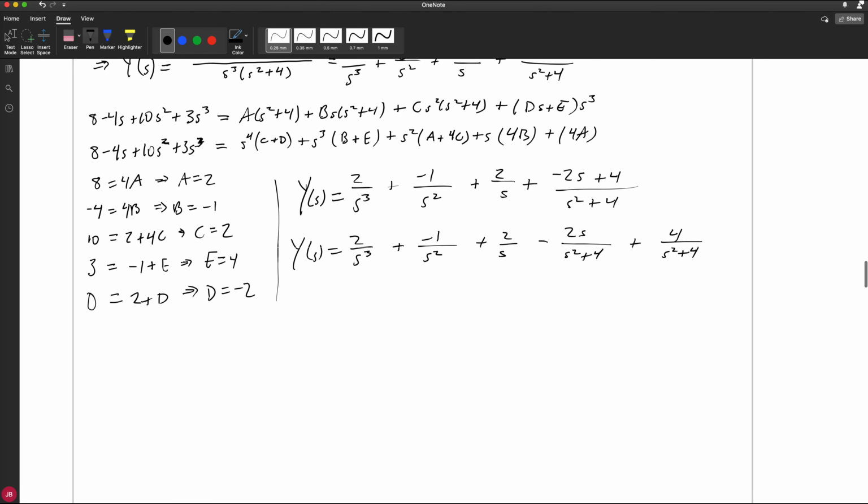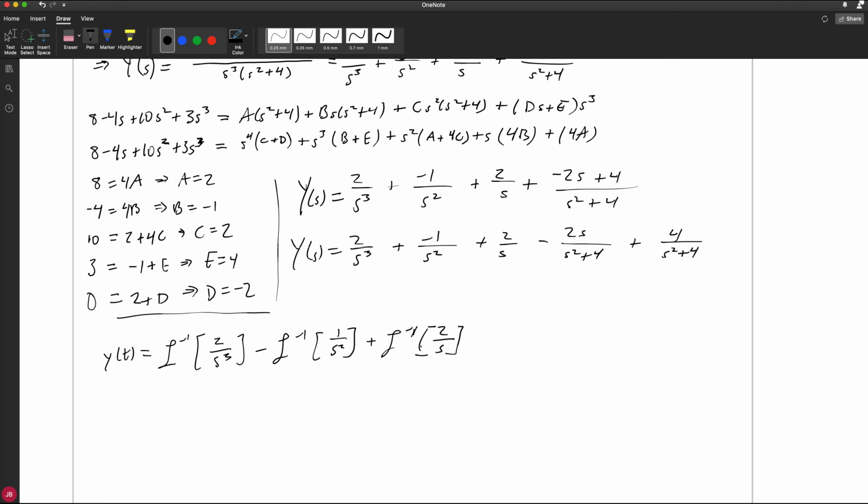All right. So what that tells us then is that little y of t equals the Laplace inverse of 2 over s cubed minus the Laplace inverse of 1 over s squared plus the Laplace inverse of 2 over s minus the Laplace inverse of 2s over s squared plus 4 plus the Laplace inverse.